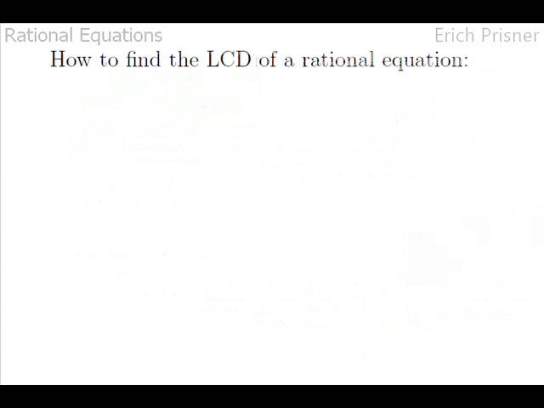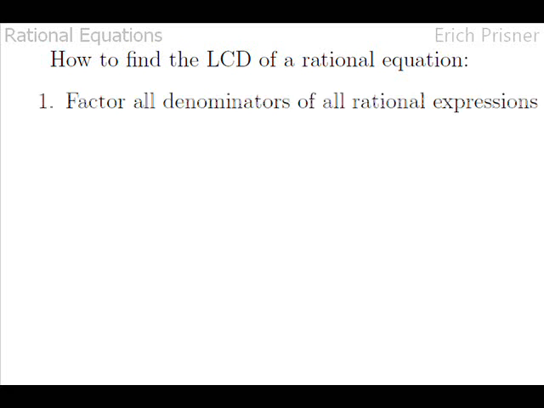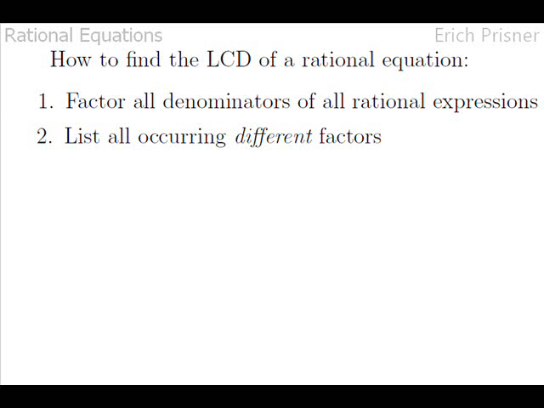If you don't have much experience with rational expressions, you may want to skip it and continue at 5:30. So here's how you find the LCD of any rational equation or rational expression. 1. Factor all denominators completely. 2. List all occurring different factors.